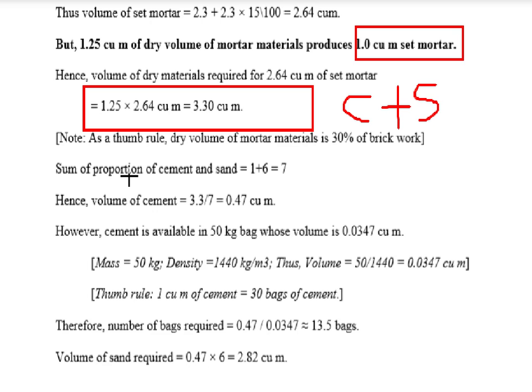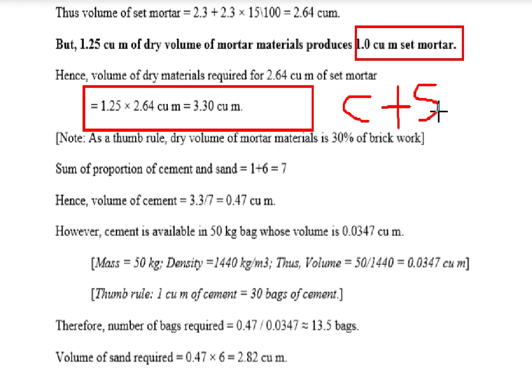We have a thumb rule that for 1 cubic meter of brickwork, we use 30% dry volume of mortar. It means for 1 cubic meter there may be 0.30 cubic meter of dry cement plus sand, whatever ratio you use.